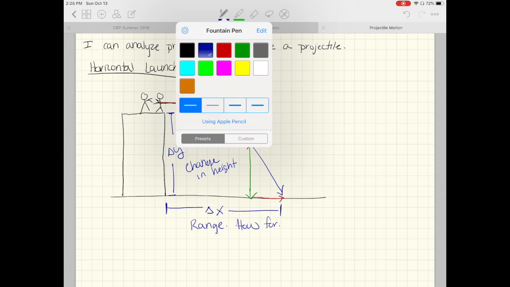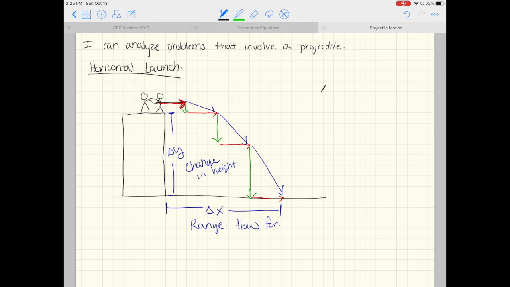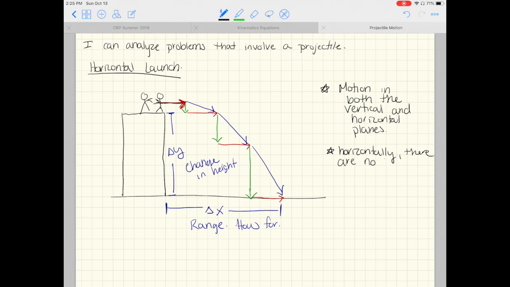About projectile motion. Projectile motion is motion in both the vertical and horizontal planes. Horizontally, there are no forces stopping his motion.